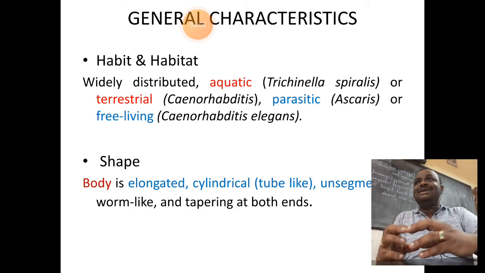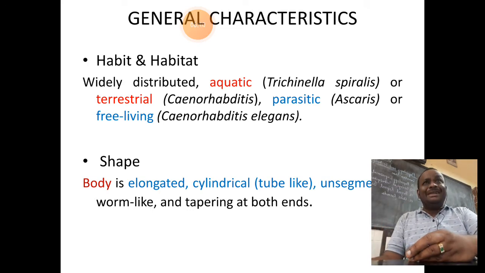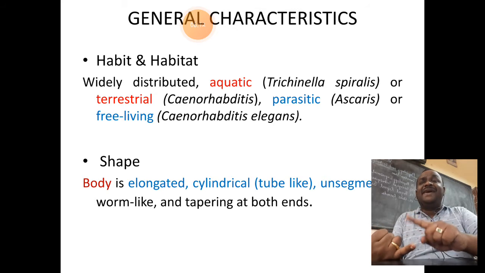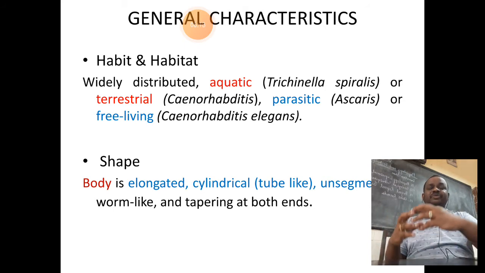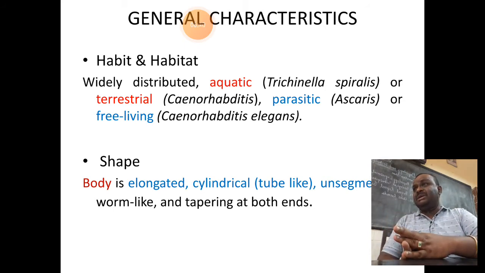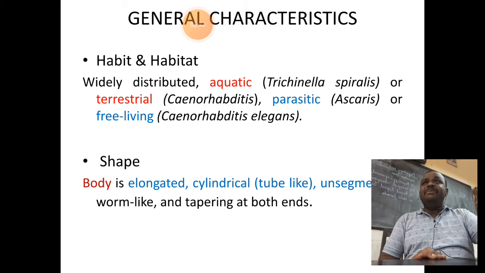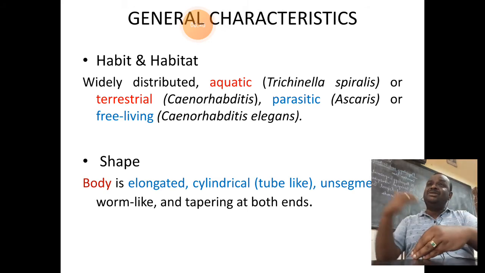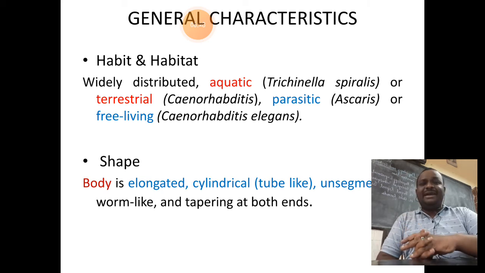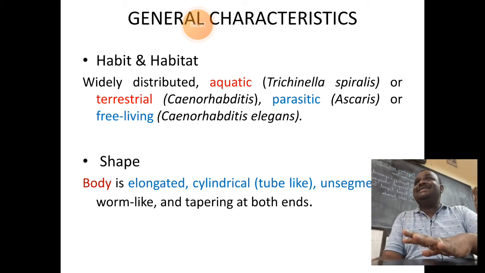In Platyhelminthes, we have learnt that Fasciola hepatica, the liver fluke, or Taenia solium, the tapeworm, are all organisms which come under the parasites. Here also we do have nematodes that depend on the host, called parasites.